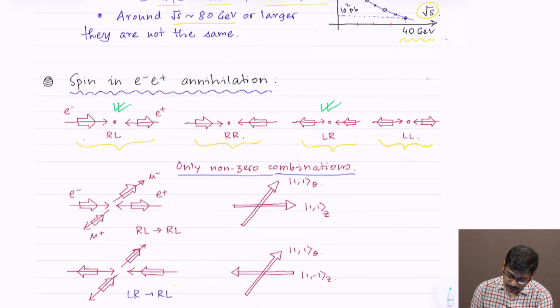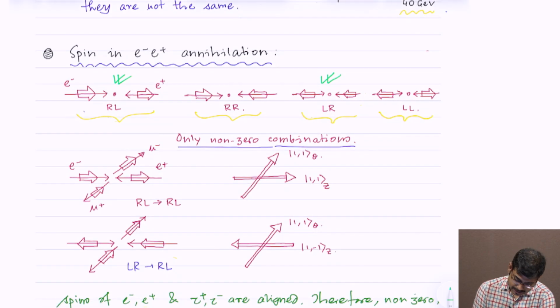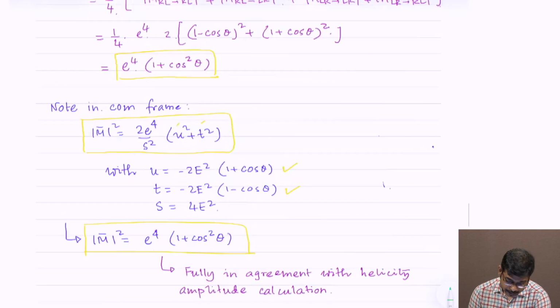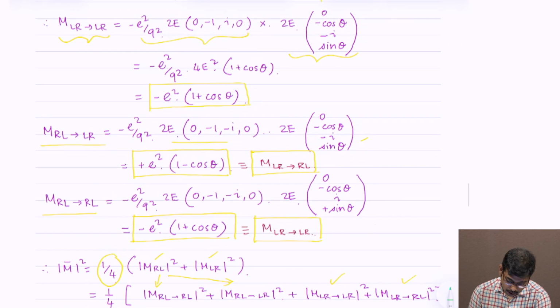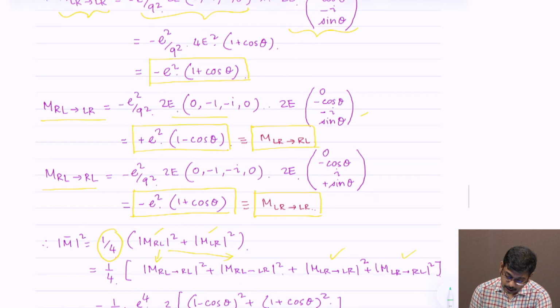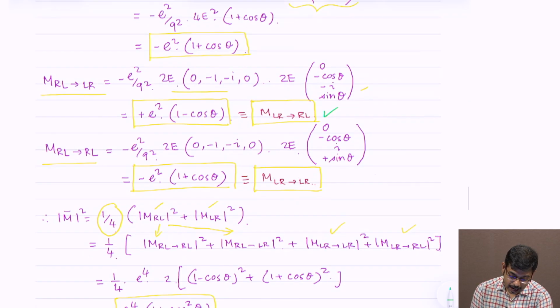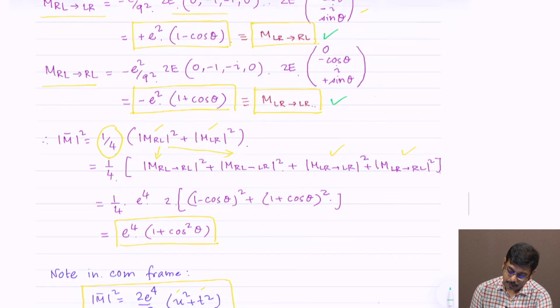So what we actually see is that the only non-zero combinations come from RL to RL. Of course RL to LR is also possible, but if you remember, the current for LR to RL and RL to LR are identical, and similarly RL to RL is identical to LR to LR.